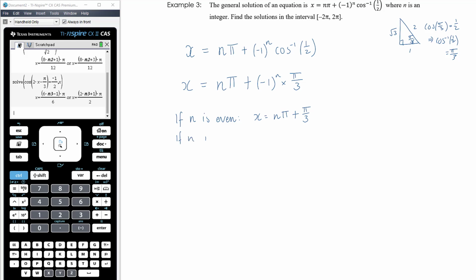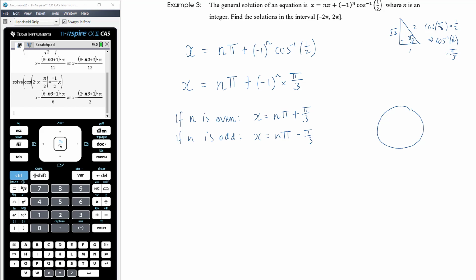If n is odd, this solution is x equals n pi minus pi on 3, because negative 1 to the power of an odd number will be negative 1. Okay, so let's think about where those solutions are in the unit circle then.